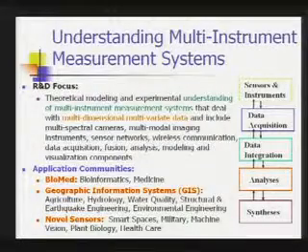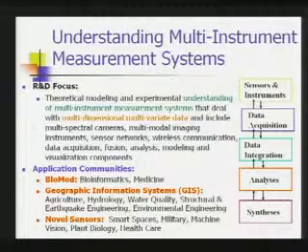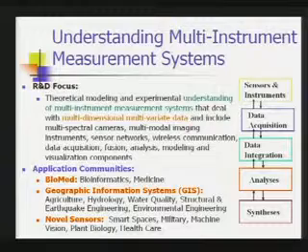So as I mentioned, our goal is to understand multi-instrument measurement systems, and the focus is to develop theoretical models and perform experimental understanding of multi-instrument measurement systems that deal with multi-dimensional, multivariate data and include multi-spectral cameras, multimodal imaging instruments, sensor networks, wireless communication, data acquisition, fusion, analysis, modeling, and visualization components, whatever you can think of.